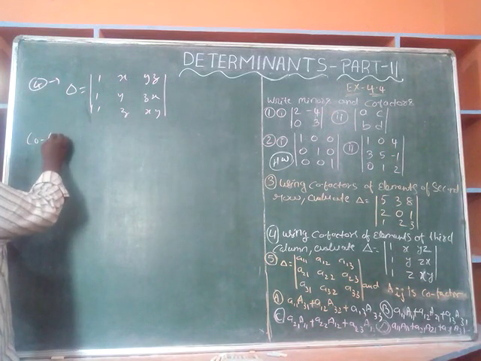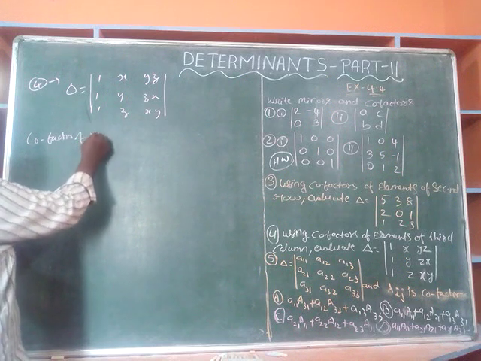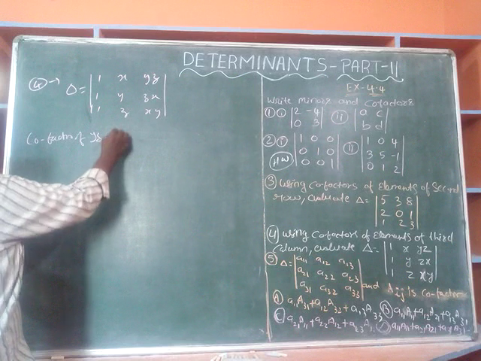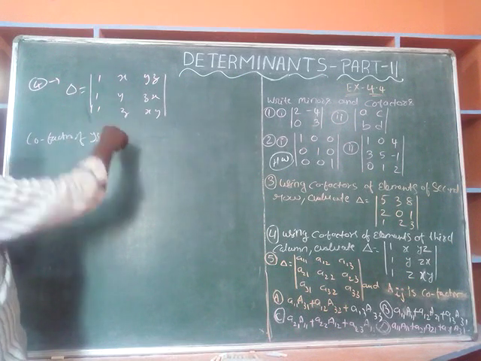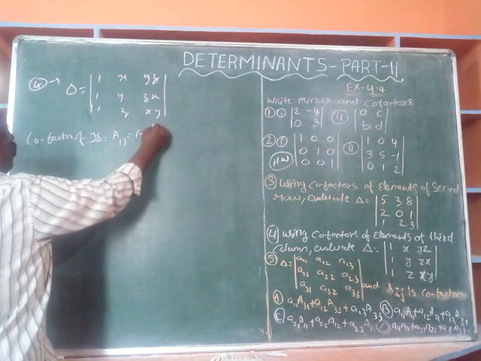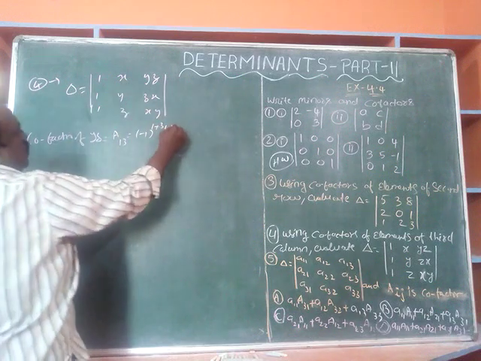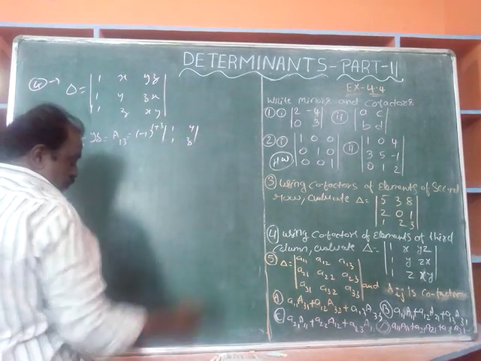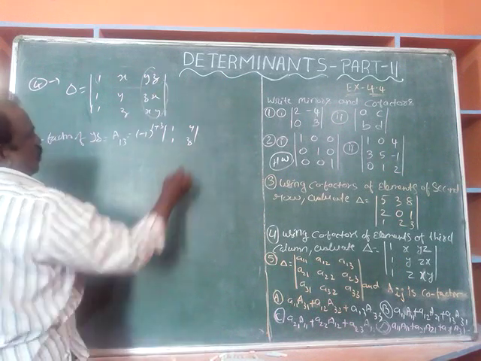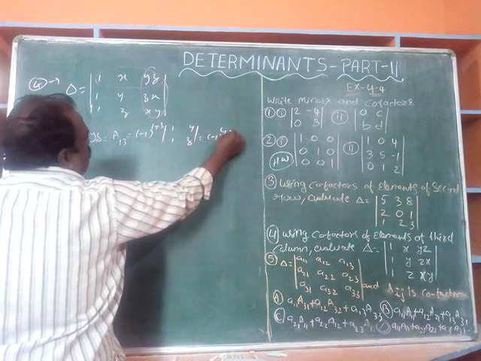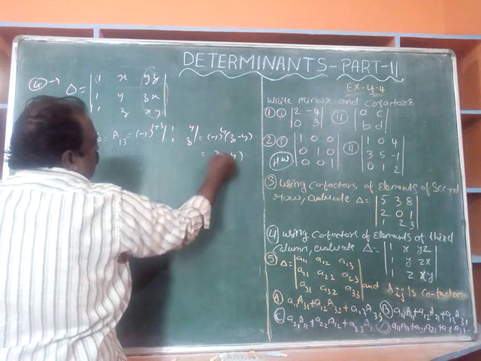The cofactor of the element yz, that is a13, first row, third column, is minus 1 power 1 plus 3, and after deleting the row and column it is the determinant with 1 y, 1 z. Be careful, this one and this one. That is minus 1 power 4 into z minus y. So it is z minus y only.